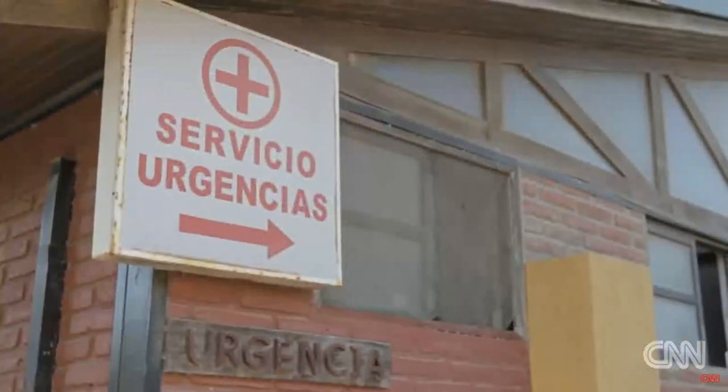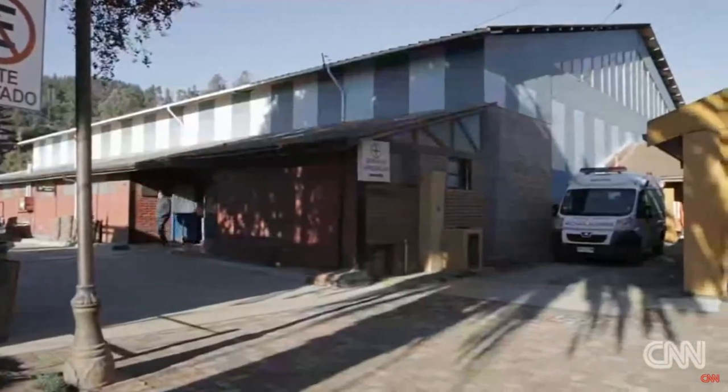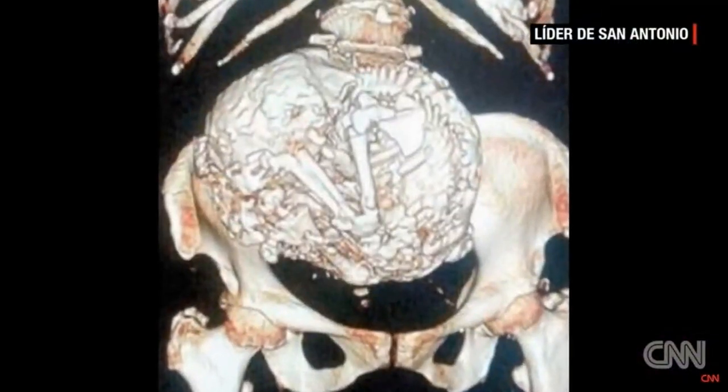The doctor said I had a tumor and that they needed to operate on me, Melendez says. But when a second x-ray was ordered to confirm, doctors couldn't believe their eyes. The mass they were looking at turned out not to be a tumor, but a fetus. Yes, that's right, a fetus.